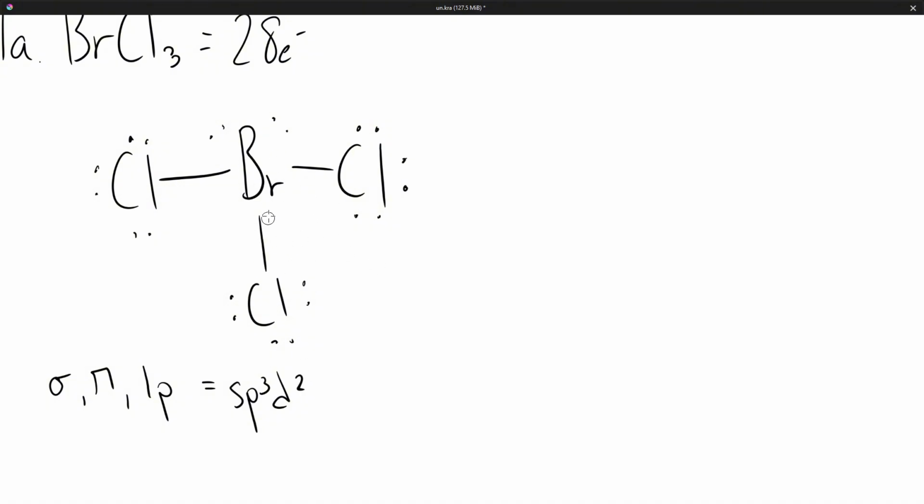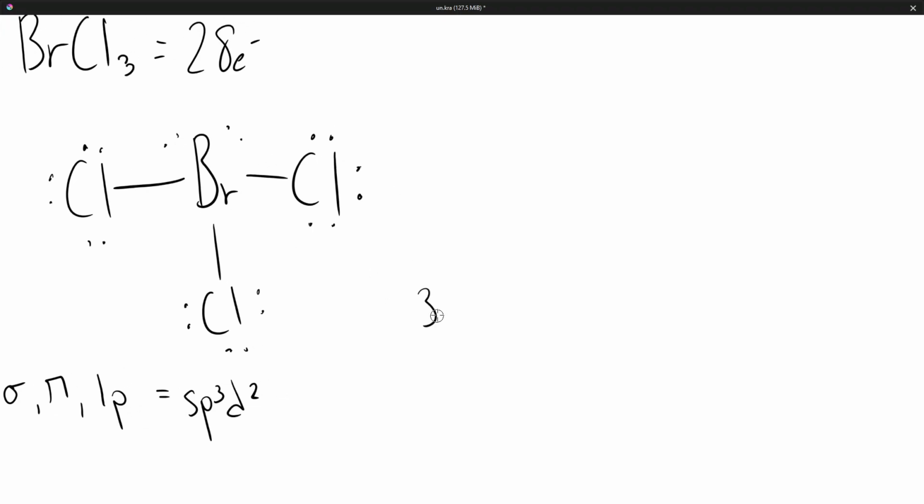So you see there's 1, 2, 3 sigma bonds. No pi bonds since there aren't double bonds here. And 2 lone pairs right here. 1, 2. So it's 2 lone pairs.